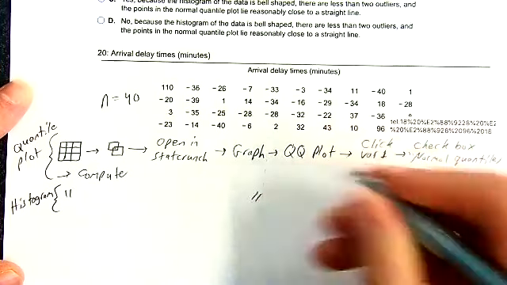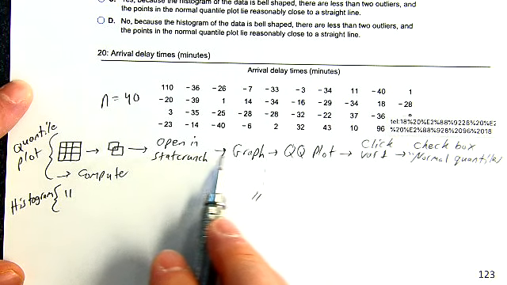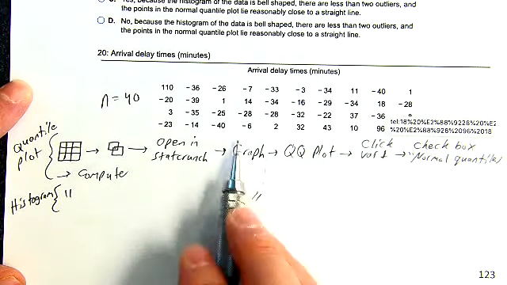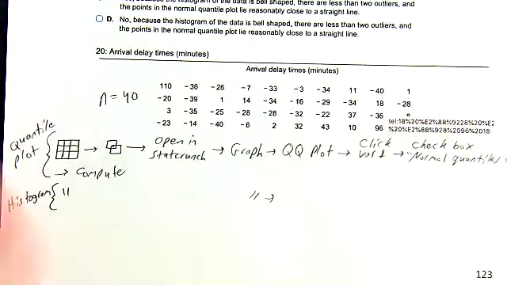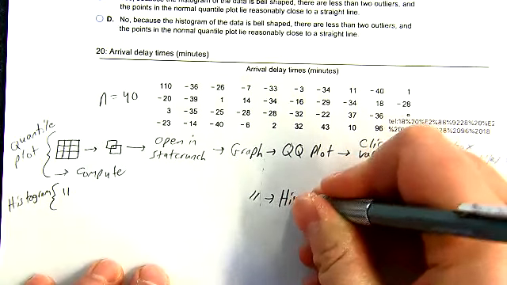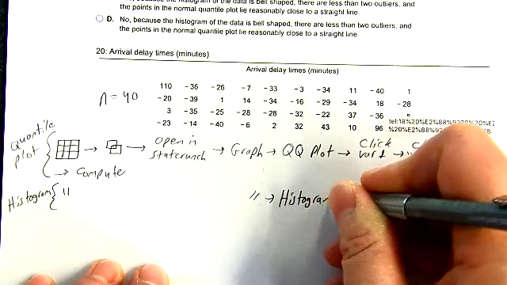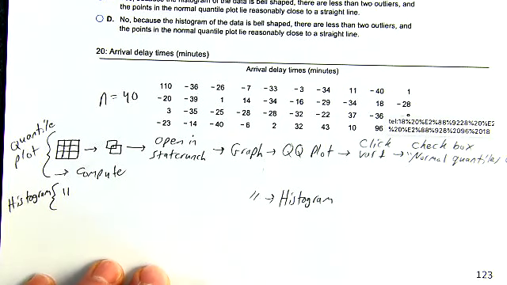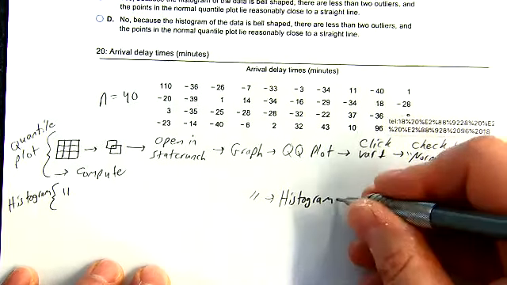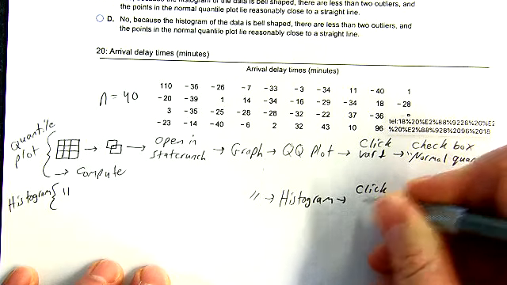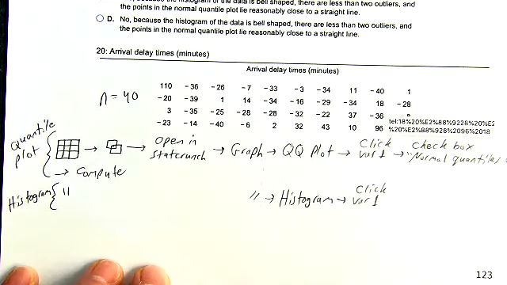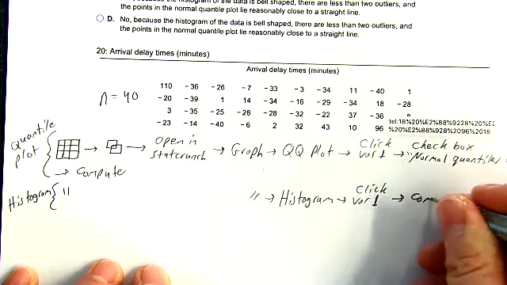So you're going to do all these same 4 steps to get to the graph, but then after graph, you're going to select histogram. And then for this one, you just have to click variable 1 and then just click compute. So there's less work on this one.